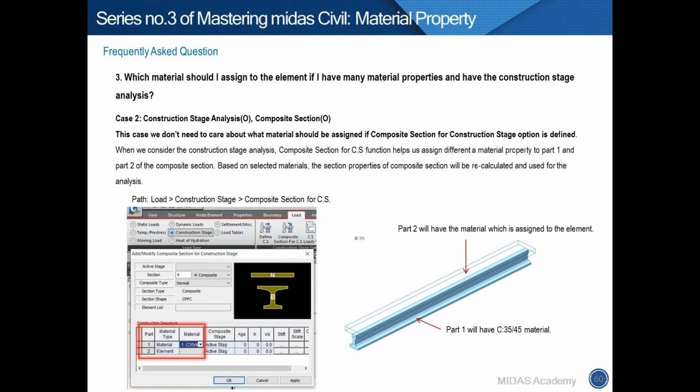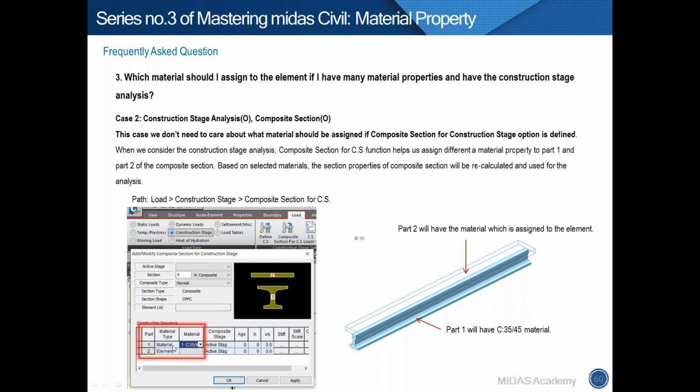And the section properties will be recalculated using this material again. So we can check their stiffness or the property values here. Therefore, the method of case number 1 will be ignored. But it would be good to know which material is assigned to elements, because the material type in this option has two types, the material and elements.